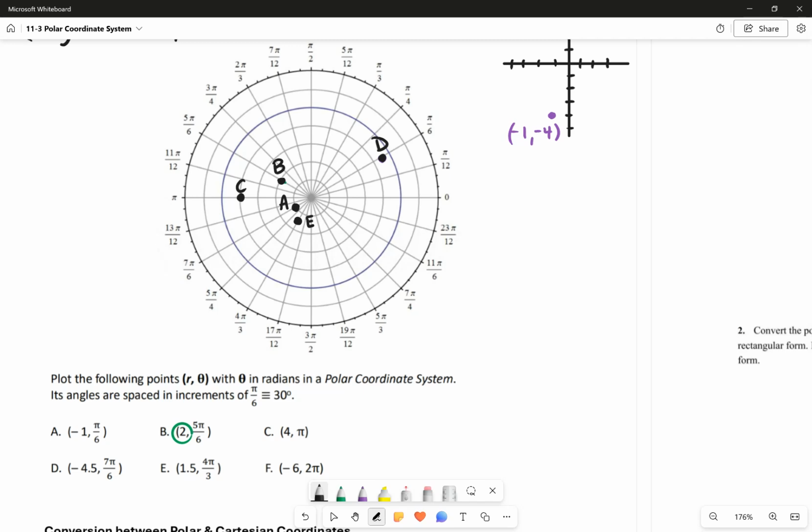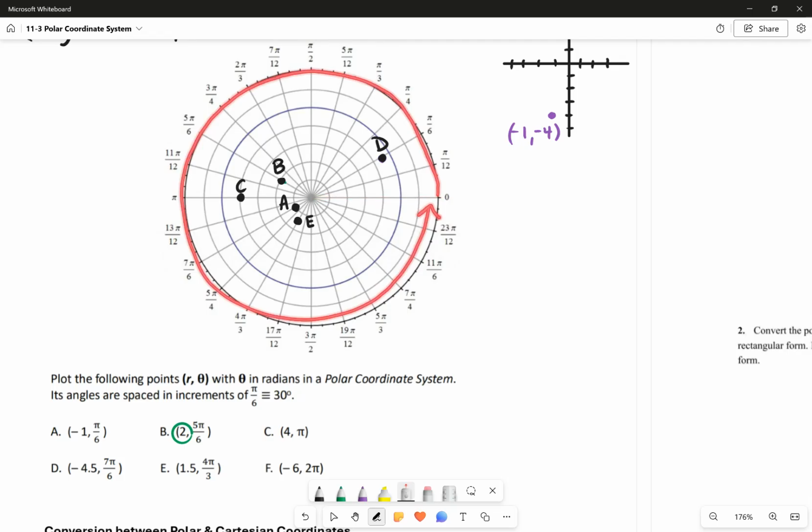And F is 2 pi with a negative 6. So we need to find our 2 pi. If we start at 0 and then you hit your pi and you wrap around, remember 0 and 2 pi are on the same line. That's 360, right? So it's a full rotation. So we're standing here on this side because we started at 0 and wrapped around, okay?